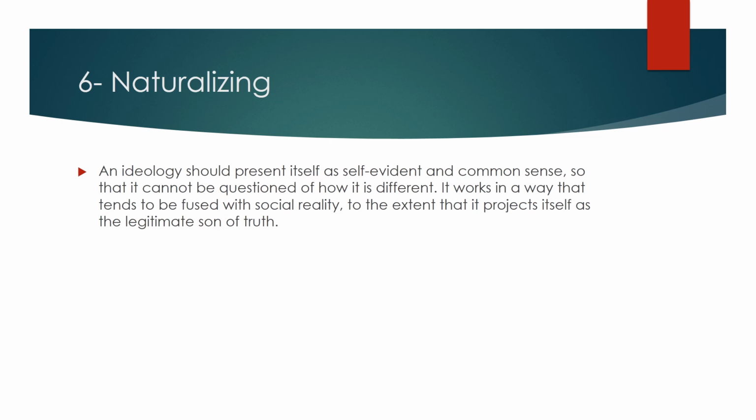For example, in the novel, when that girl committed adultery, people punished the girl because it was something natural, that adultery is a bad thing. To commit adultery is a bad thing in nature. That's why people were convinced to punish that girl. So naturalizing is another important feature of a successful ideology.